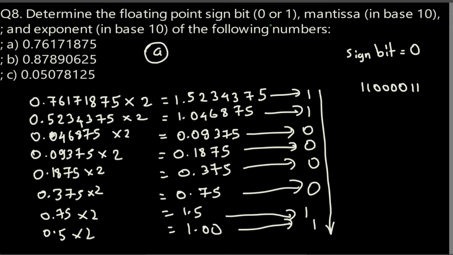Now the exponent. Here we just converted the decimal fractional value, so there's going to be a point in front of all of these digits. If I want to think in terms of scientific notation, we have to have just one digit in front and the other digits behind.